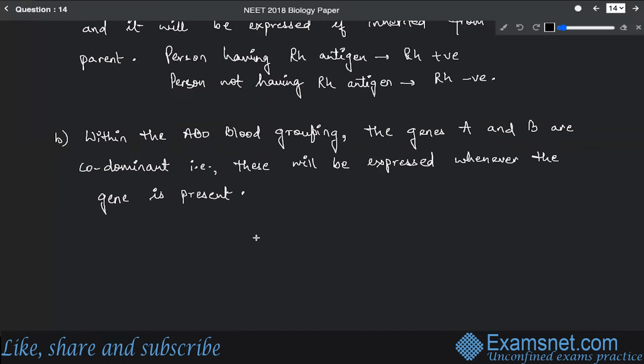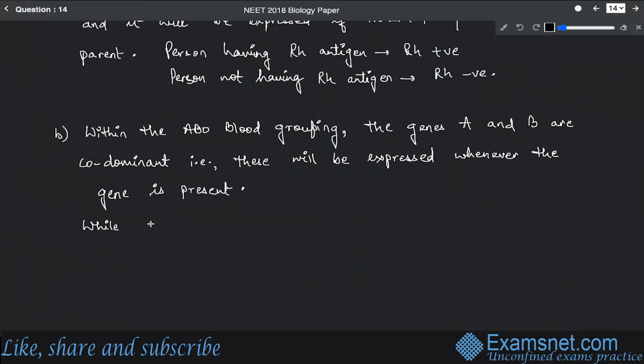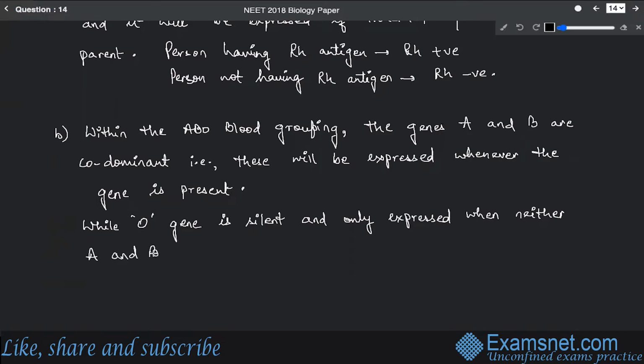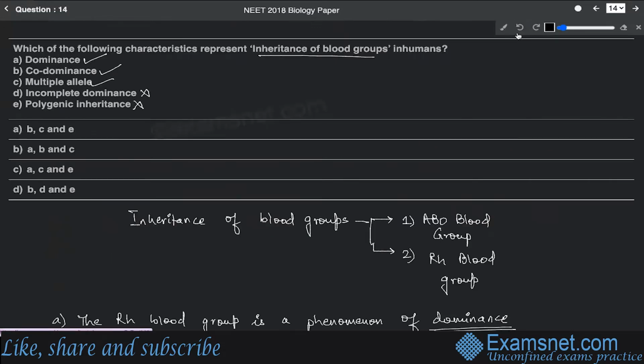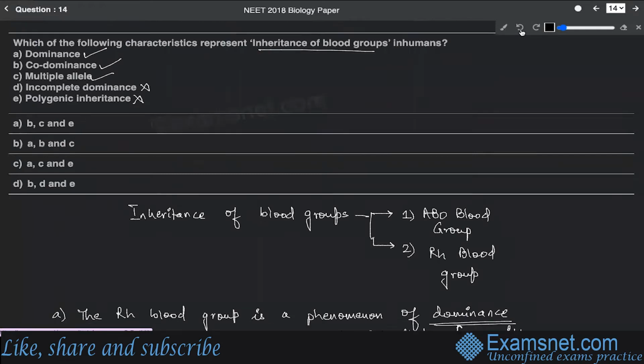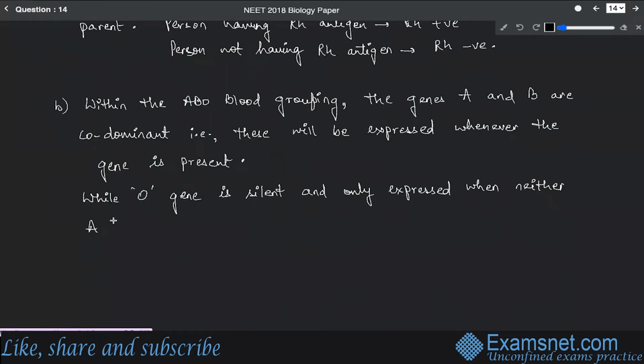So the O gene is silent and only expressed when neither A nor B is present. All right, so this is the case.